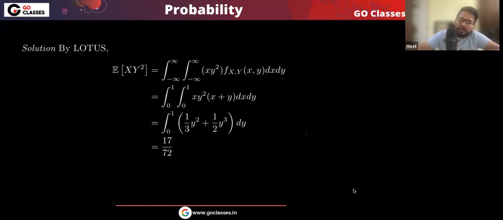So let's just see what is the answer we are getting. So 17 by 72 is the final answer. This rule is called LOTUS. Why? Because you are finding the expectation not of a random variable, you are finding the expectation of a function of a random variable. That's why we call it LOTUS. Do you remember this from module 1?